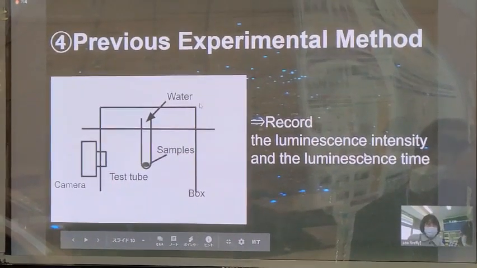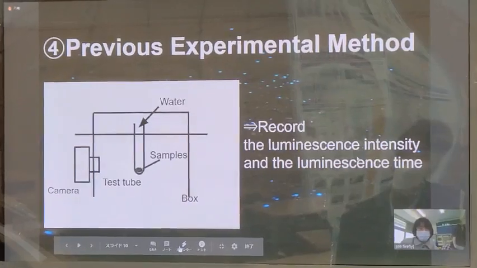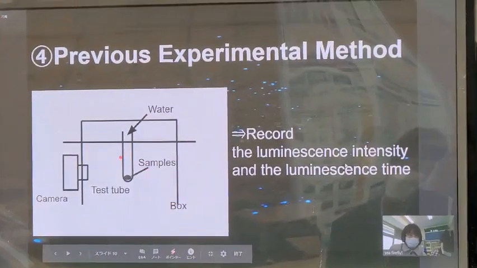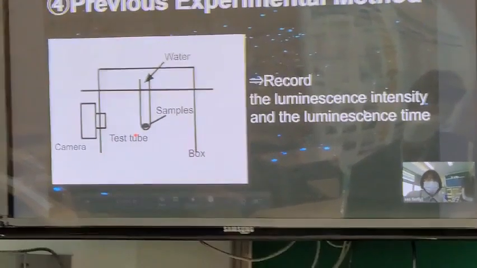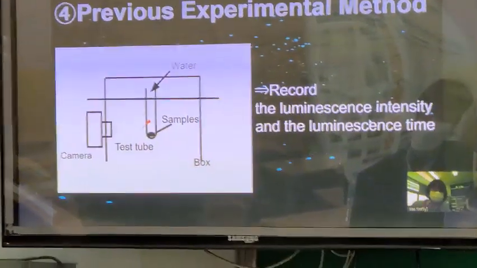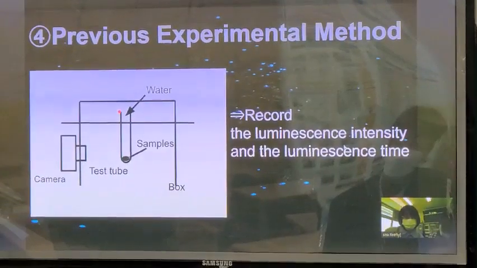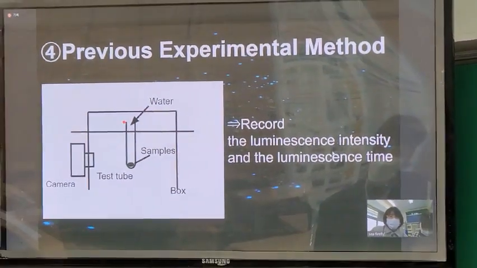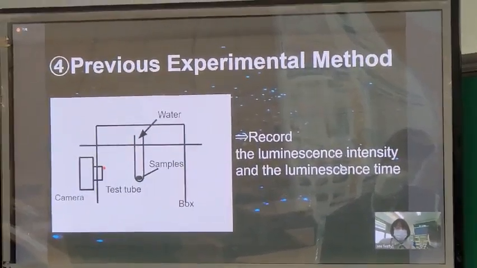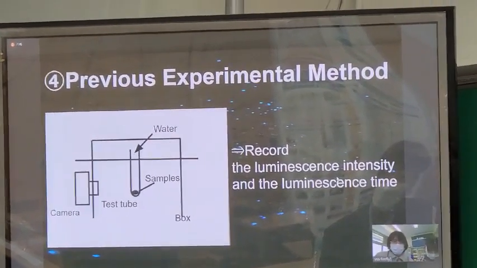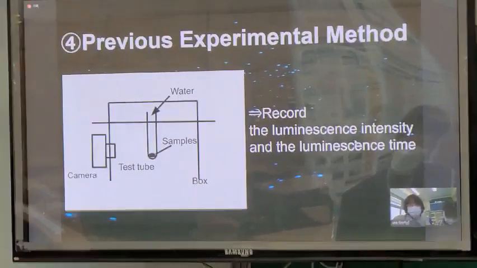We put the sample in a test tube and we put water in it. Then it emits light. We record the luminescence time and we take a picture of it lighting.